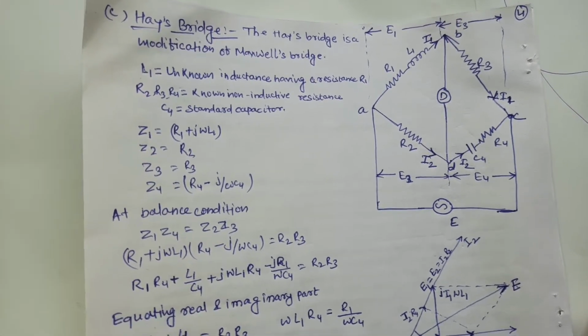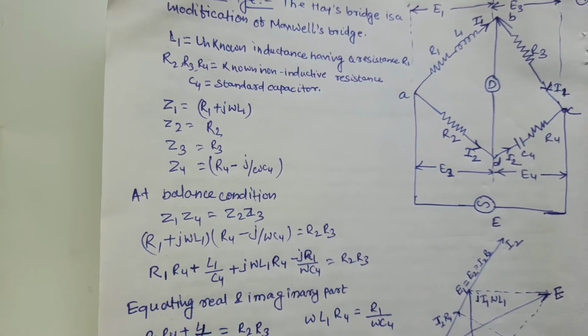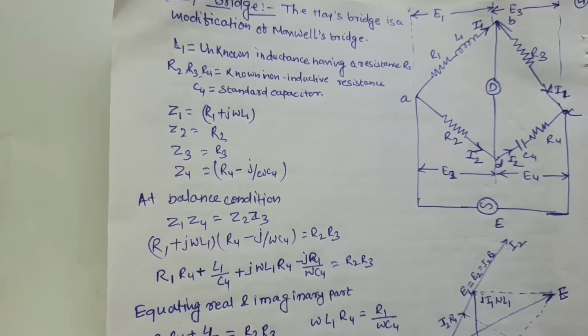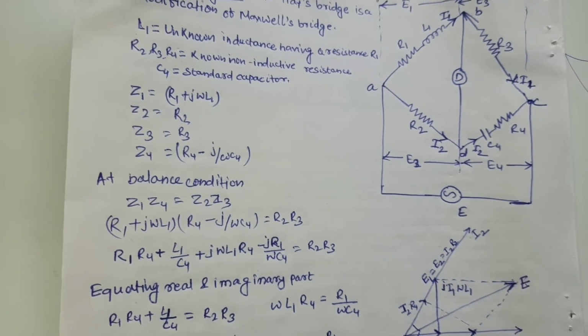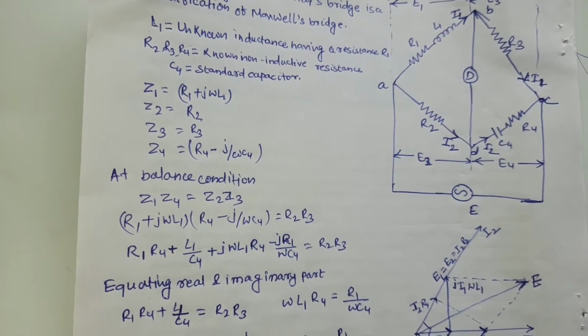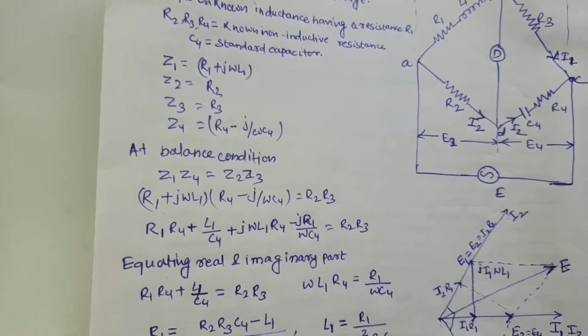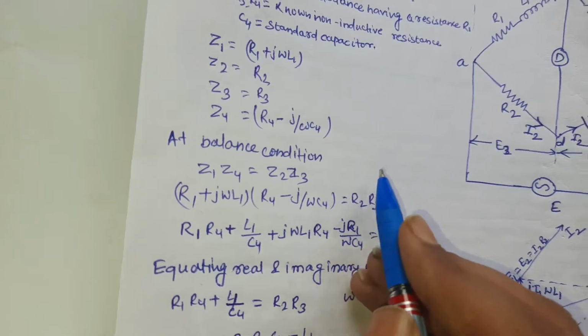So we have to calculate the impedance of each of the arms. First, Z1 is equal to R1 plus j omega L1, Z2 is equal to R2, Z3 is equal to R3, and Z4 is equal to R4 minus j by omega C4. At balance condition, as you know, Z1 into Z4 equals Z2 into Z3.